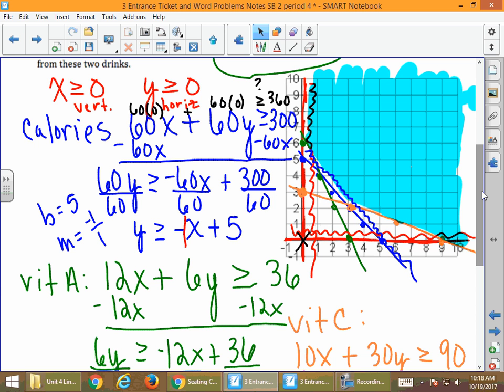In terms of finding our points, and actually before I talk about the points, this is called an unbounded region. It's not a convex polygonal region. It's an unbounded region.